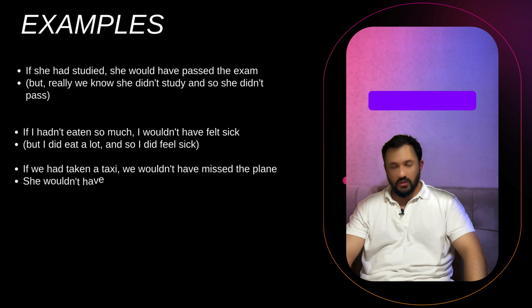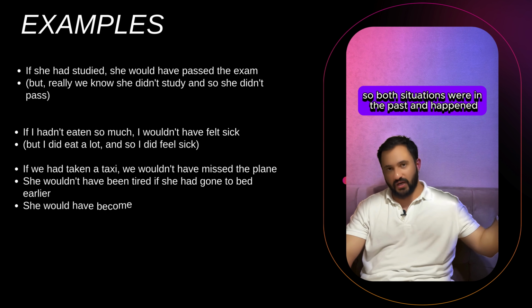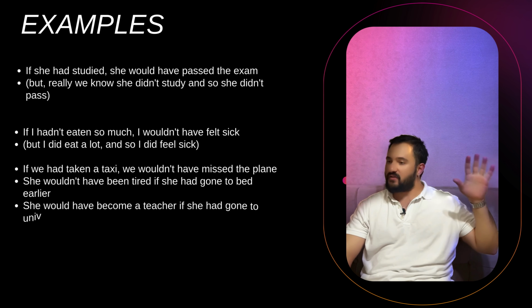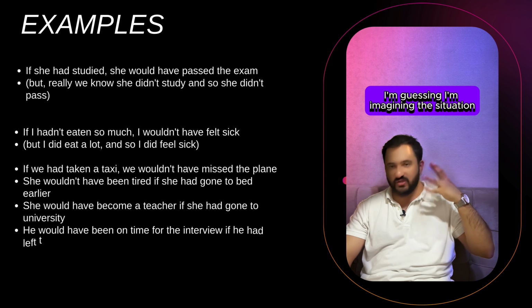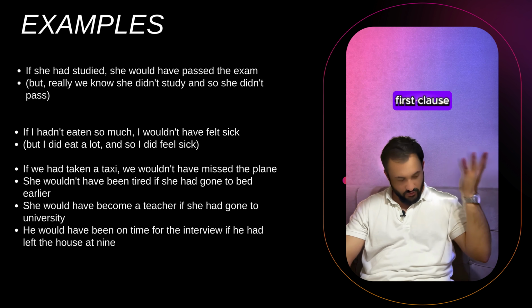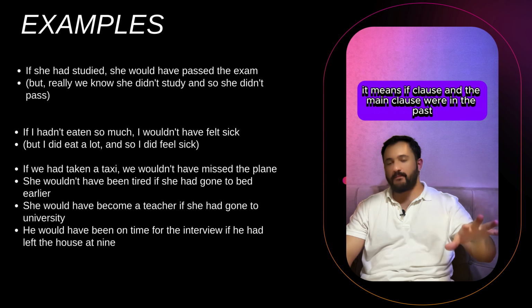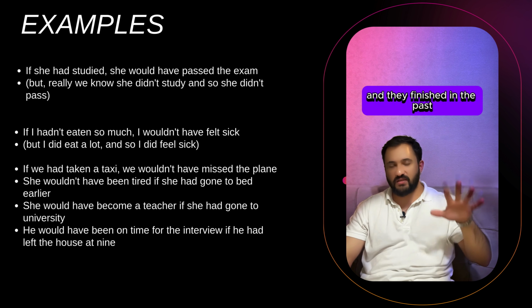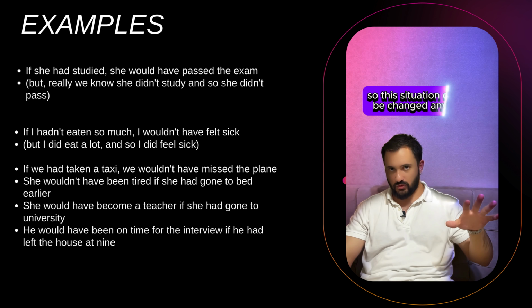No. Do you have babies? No. So both situations were in the past and finished, and I'm just guessing, imagining the situation. The if clause and the main clause were in the past and finished in the past, so the situation cannot be changed anymore.